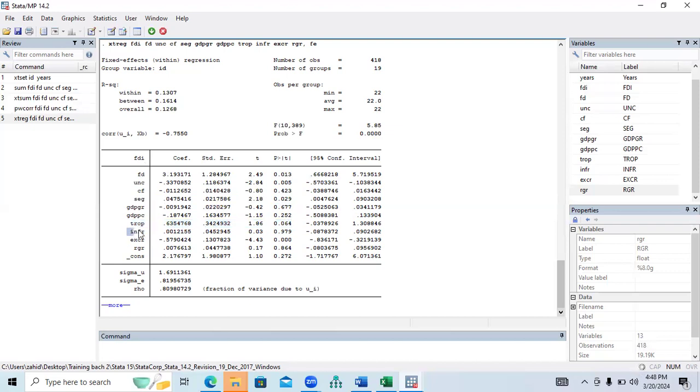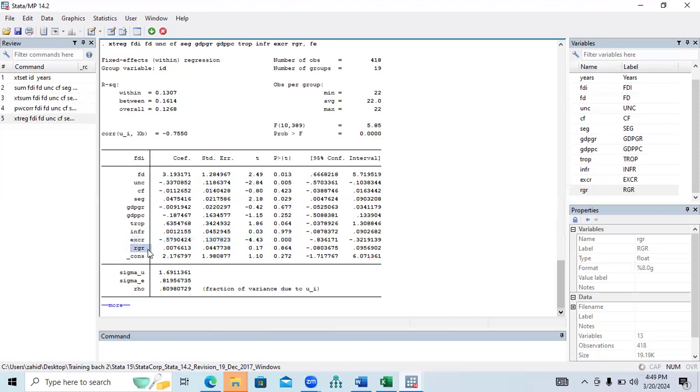Then inflation rate, it is not significant here. It is positively impacting, but it is not significant. Then exchange rate, it is negatively and highly significant. So we can say that exchange rate significantly decreases FDI. If we increase the exchange rate, it will decrease the FDI significantly.